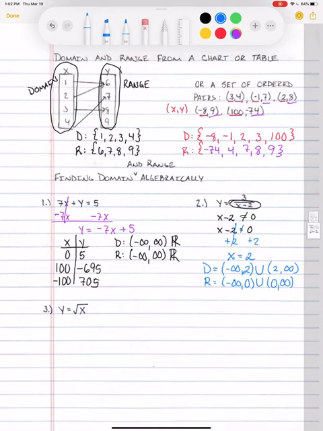Here y cannot be 0 because the fraction has a numerator of 3 and it can't be 0. So y cannot equal 0 in this case. So we have our range is negative infinity to 0, also union 0 to positive infinity.